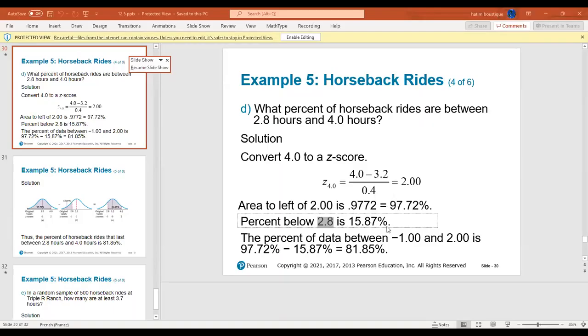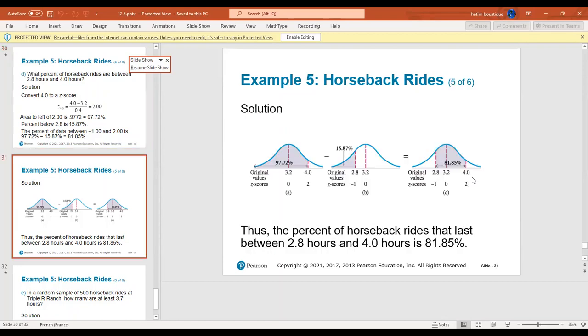So we took the probability 97.72% minus 15.87%, and we get 81.85%. So the probability that a horseback ride lasts between 2.8 hours and 4.0 hours is about 81.85%. Again, we get the area that is less than 4.0, we get the area that is less than 2.8.